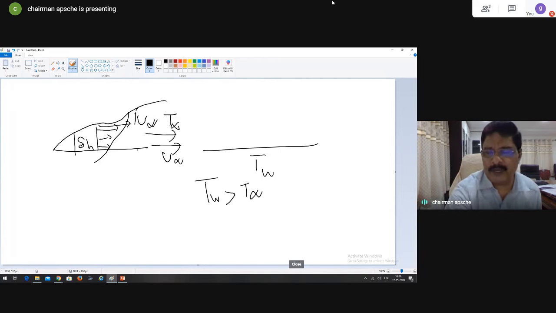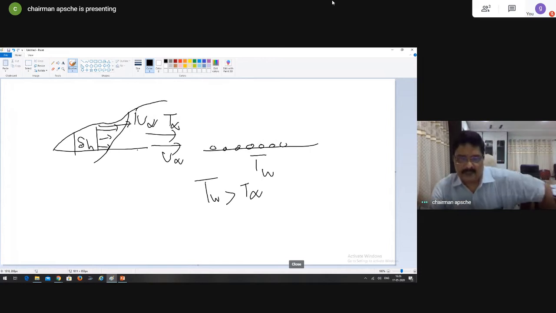Now, those fluid molecules which come in contact with the plate, due to the no slip condition, they stick onto the plate. Now, there is a physical contact between them, and sooner or later, this temperature will be TW. How much is this? TW.